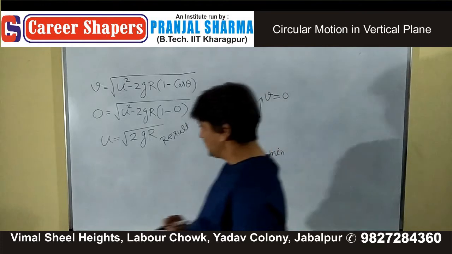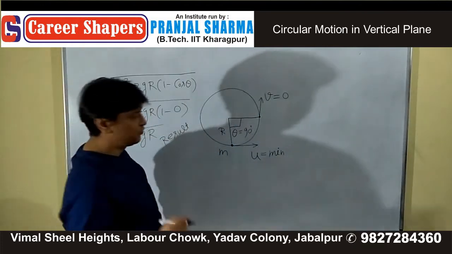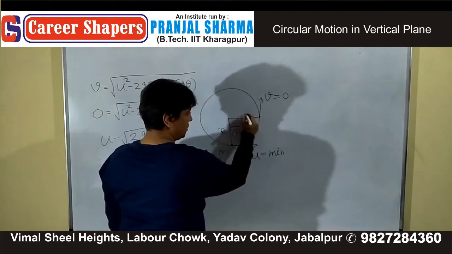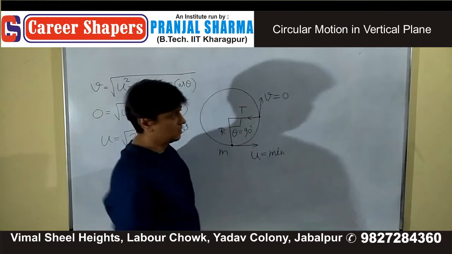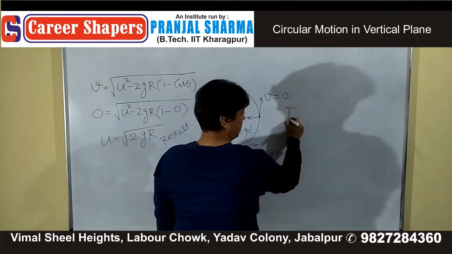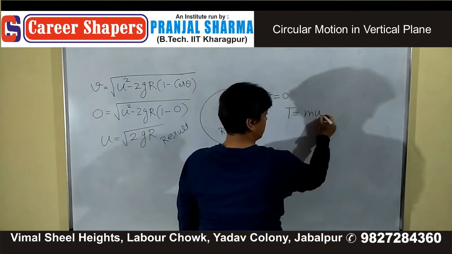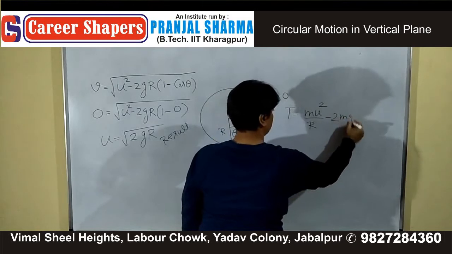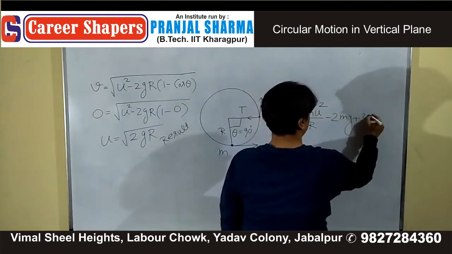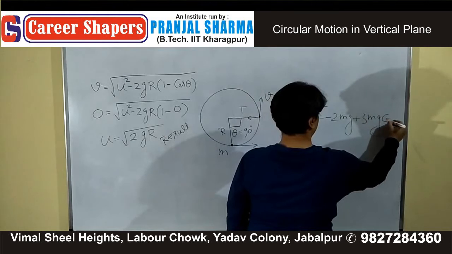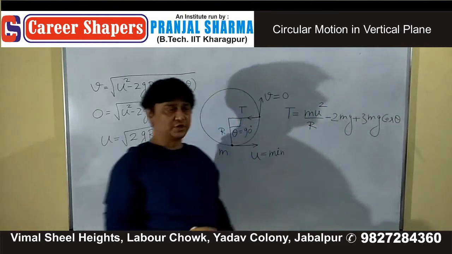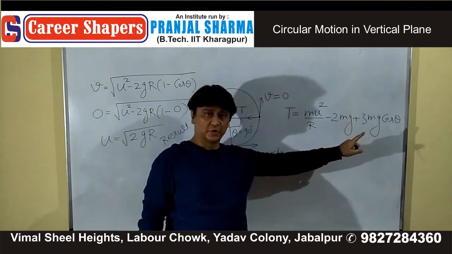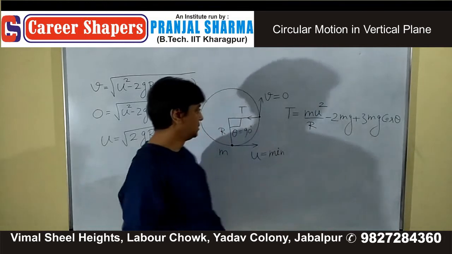Now, in the second part, we need to find the tension force at this position. Right here, what is the tension force? T. Now, what's the formula for T? T is mu square by R minus 2mg plus 3mg cos theta. In terms of U and theta, that's the tension force.